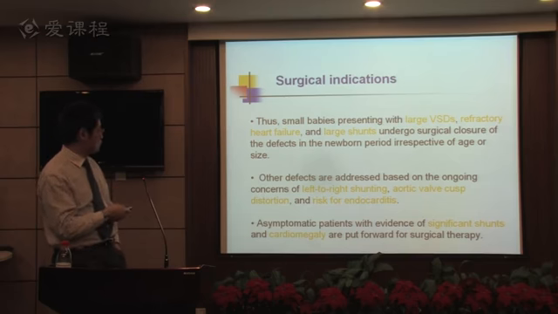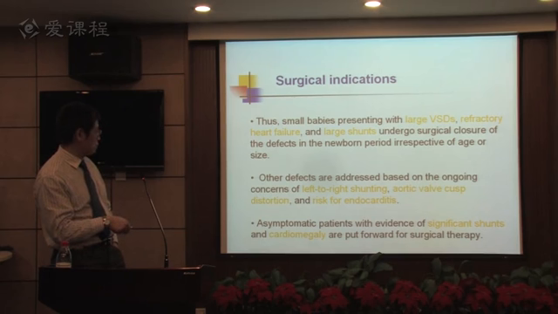Other defects are addressed based on the ongoing concerns of left-to-right shunting, aortic valve cusp distortion, and the risk for endocarditis. And asymptomatic patients with evidence of significant shunts and cardiomegaly are put forward for surgical therapy.